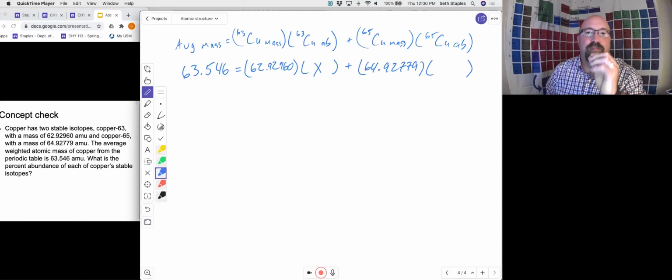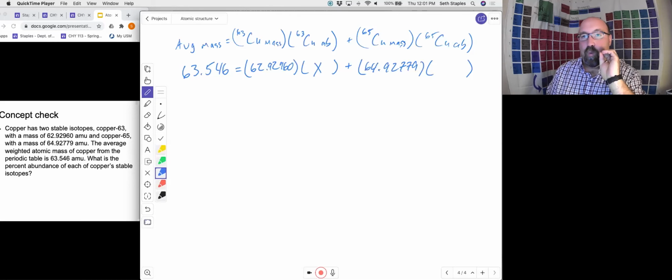Now, if we think about this abundance, the percent abundance of copper 63 plus the percent abundance of copper 65 has to equal 100%, because we're told that copper only has these two stable isotopes. And so all the copper that exists out there in the world in its stable form is either copper 63 or copper 65. And so the percent abundances have to equal 100%. And so if we look at what our calculation was earlier, we always took that percent abundance and divided it by 100.